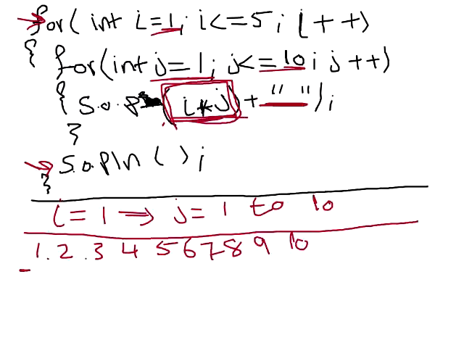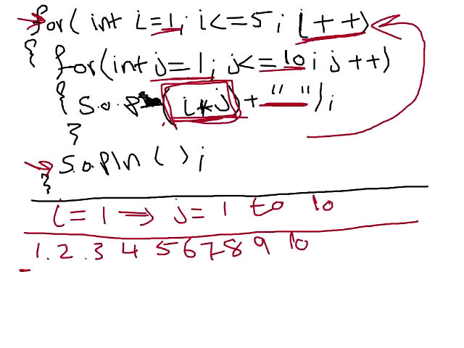We finished 1, so the program is going to go back and check the value of i. We said plus plus, so it increments. Now the value of i is 2, but j is still from 1 to 10. Every time we increase i, j will remain 1 to 10.